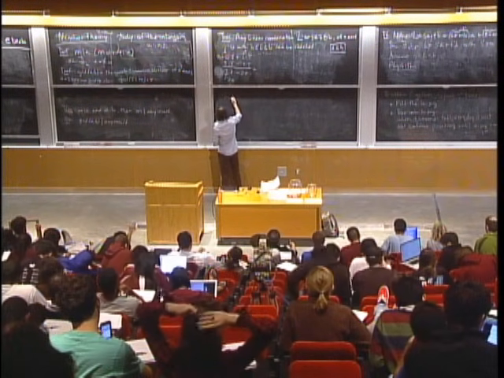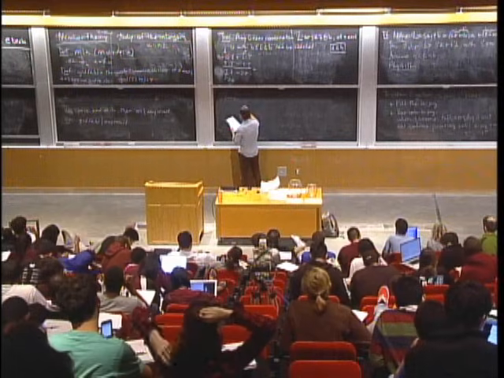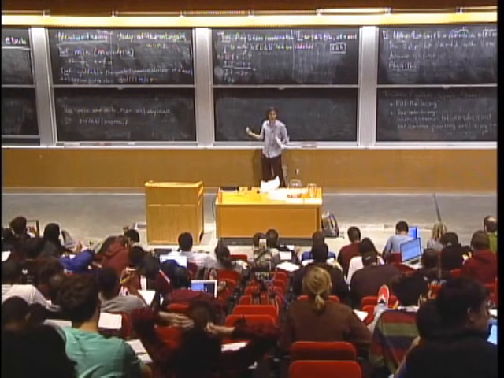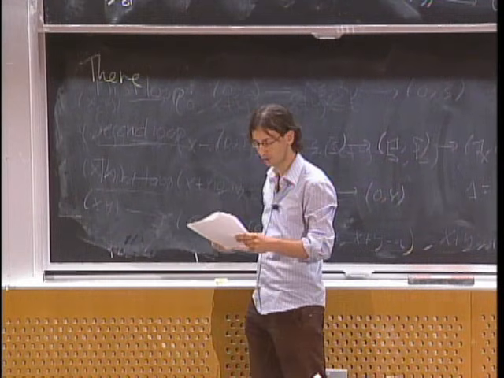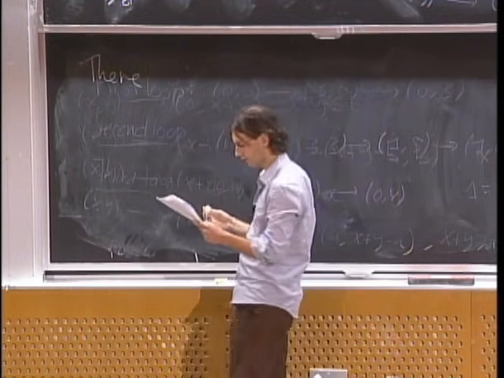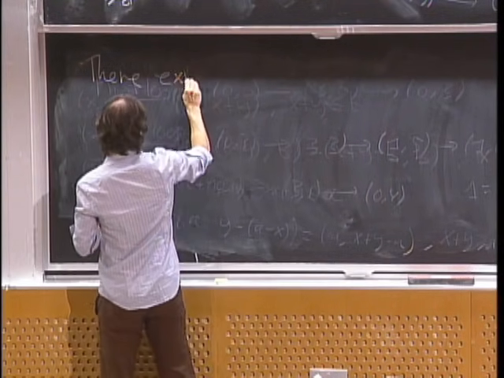So first of all, we know that for any b and a, there exists a unique quotient and remainder. So let's write it out.